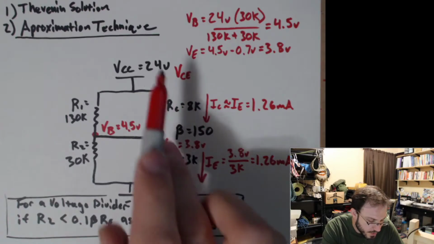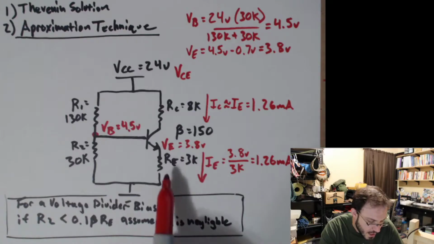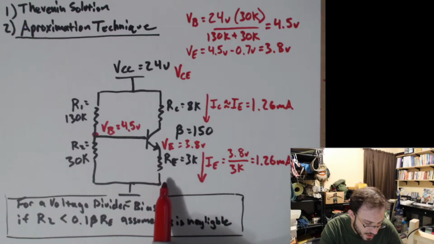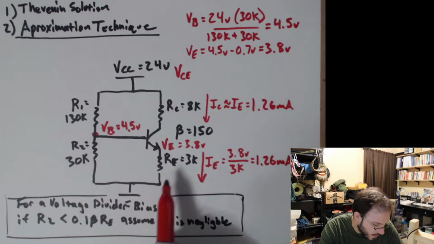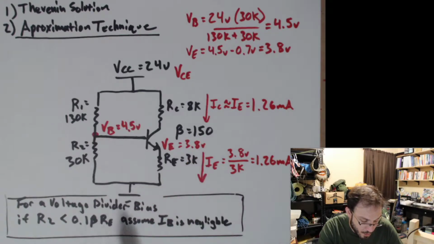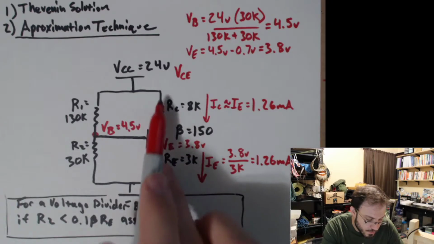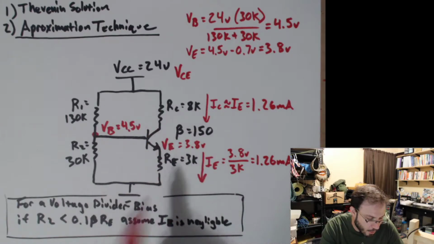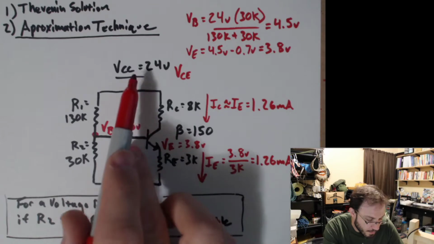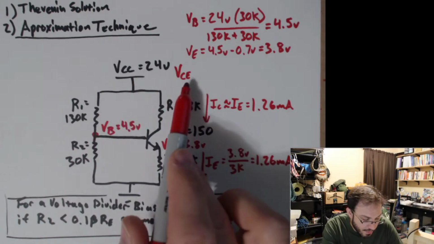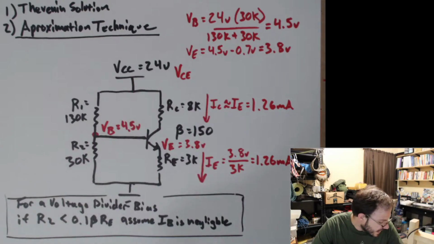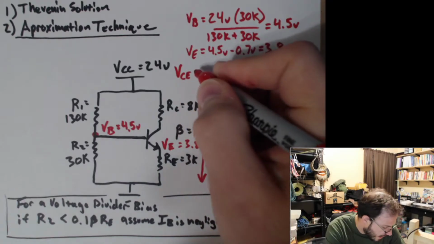And similarly, we'll subtract from 24 volts the voltage drop across RE, which we know to be 3.8 volts. So once we subtract these two voltages from VCC, we will have VCE. So let's go ahead and do that.